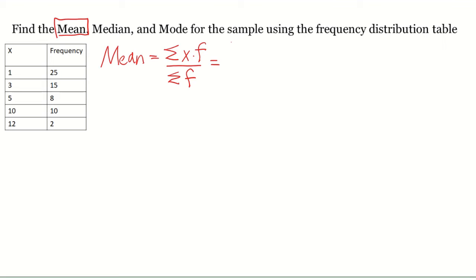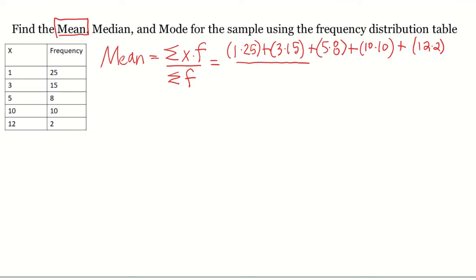So on the top, we're going to have 1 times 25 plus 3 times 15 plus 5 times 8 plus 10 times 10 plus 12 times 2. That's going to give me the sum of all of the x values.